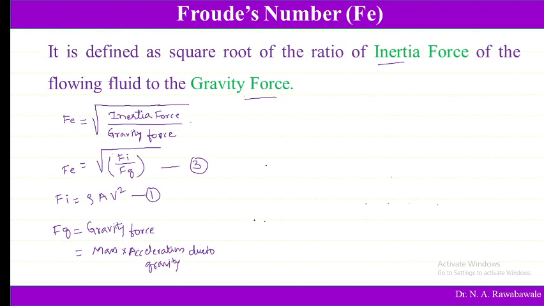Now mass is equal to density into volume. Therefore this Fg can be written as rho into volume into acceleration due to gravity.